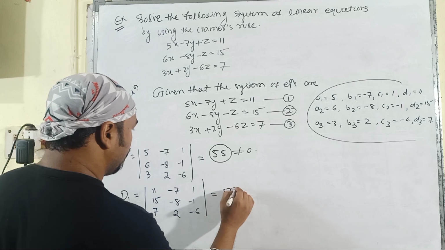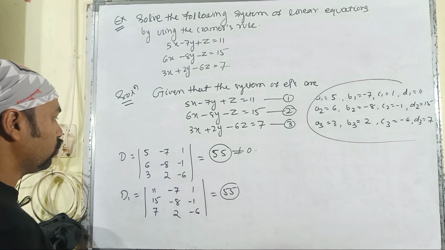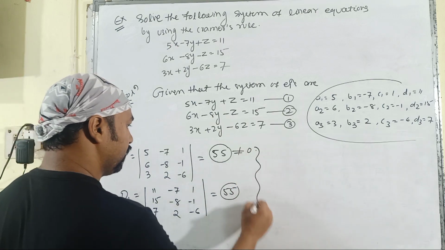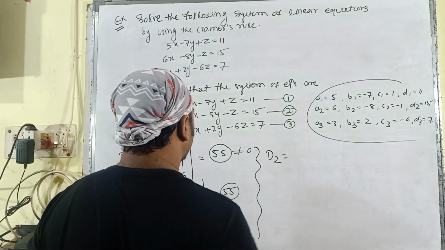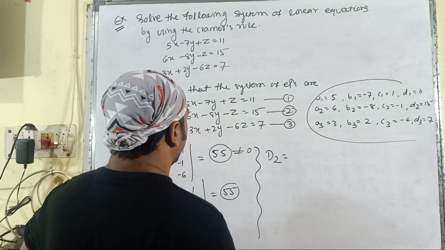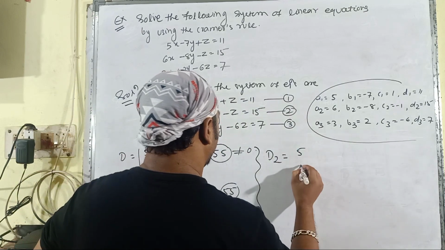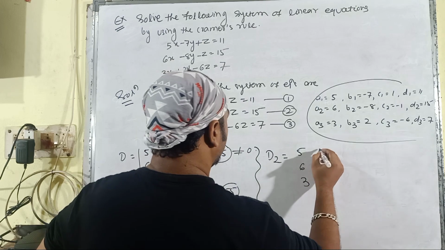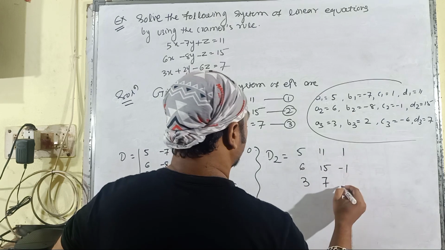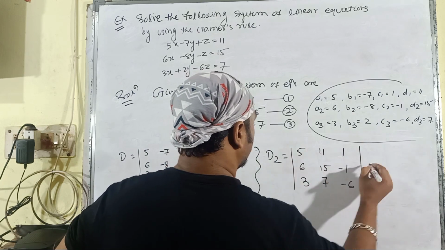And again you have to expand it by rows or columns and you will get the result 55. Then for d2, you just have to replace the coefficients of the y variable, and then it will be 5, 6, 3, 11, 15, 7 and then it is 1, minus 1, minus 6, and you will get the result minus 55.